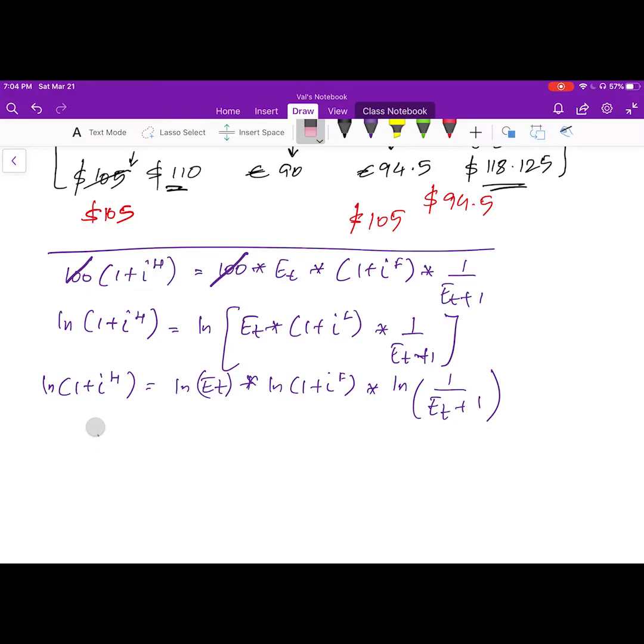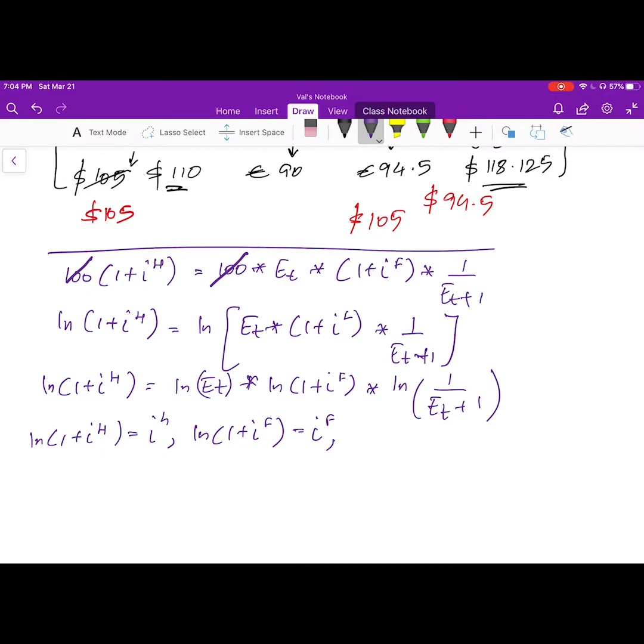So through basic math, we know that ln of 1 plus i_h is the same as i_h, okay? We also know that ln of 1 plus i_f, because what we did on the left, is the same as i_f. This is super simple so far, okay?